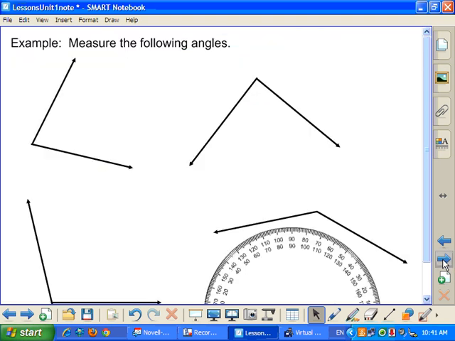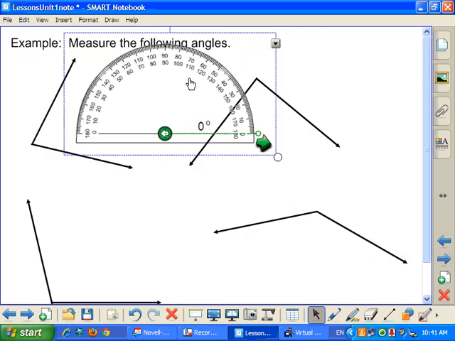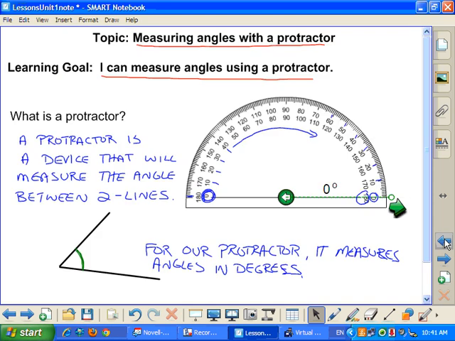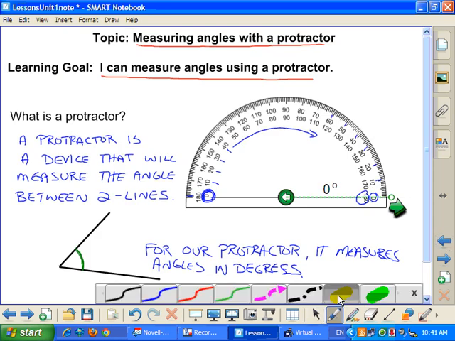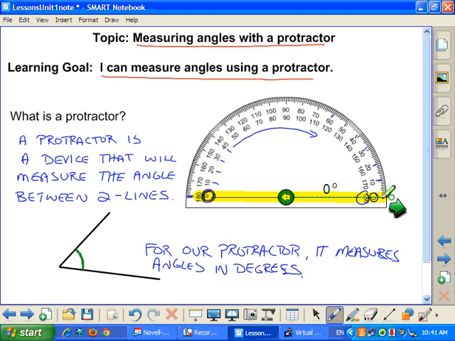So measure the following. So here's my protractor. First thing I need to do is put my baseline on one of the lines. So if I go back, I'm going to label it on here. Here's our baseline. That has to go on one of the lines.